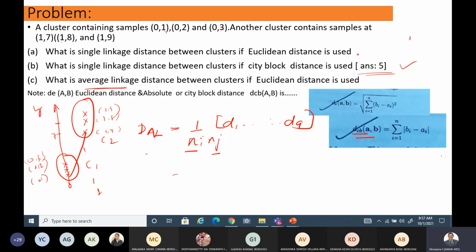That is why I just asked this question. What is Ni here in this problem? Suppose if Ci is C1, the number of samples in cluster 1 is 3. So in both the cases you have an equal number of samples, 3 in each. And the total distance, what you get here, right? Calculate how much.